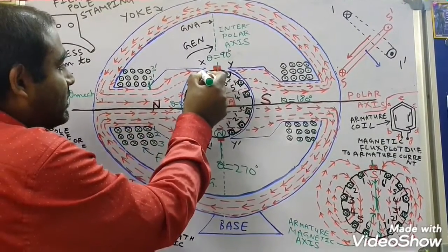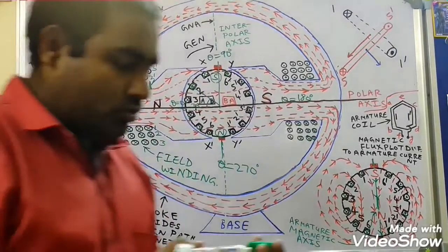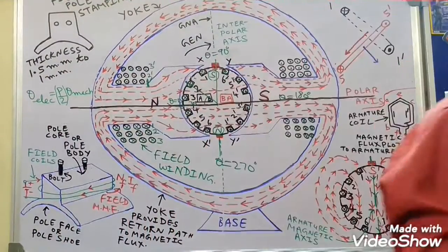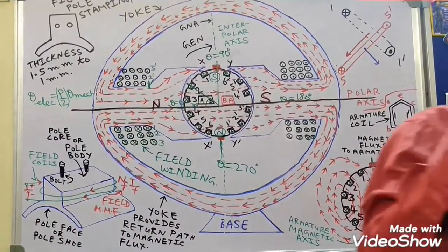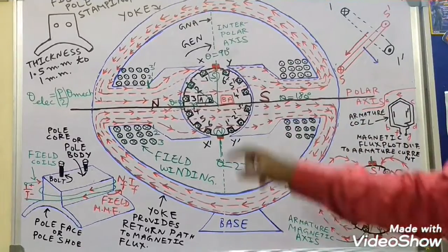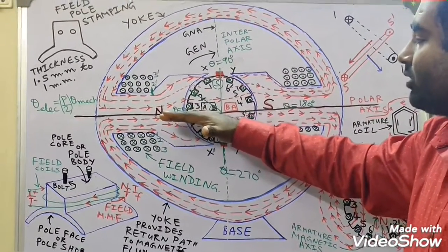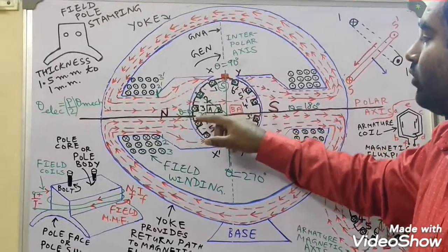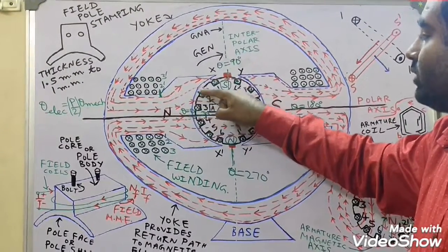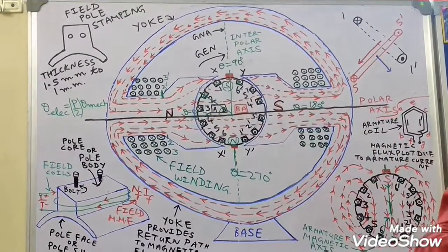Likewise, this may be theta equal to 60, this is 90. So this is a very convenient way of pinpointing or determining the different points along the air gap periphery. We define a reference axis. With respect to the reference axis, we are trying to measure the angular distance of the different points. So what is our aim?